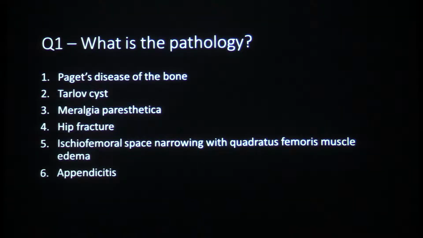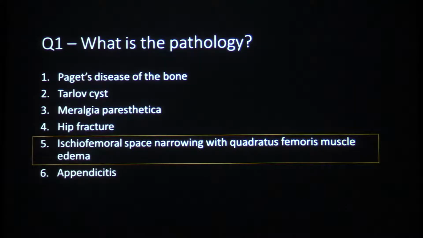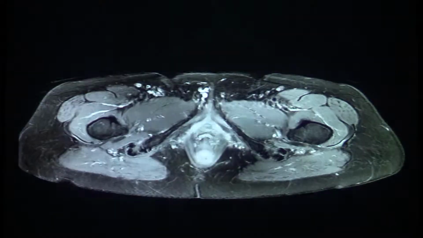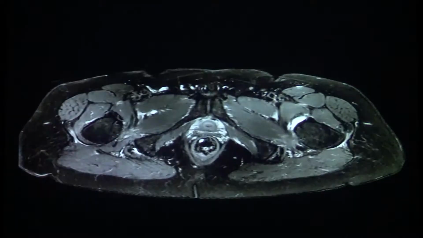It's not 6. This is an MSK convention. 5, that's right. Ischiofemoral space narrowing with quadratus femoris muscle edema. Let's see it again. As you can see, bilateral edema of the quadratus femoris muscle.